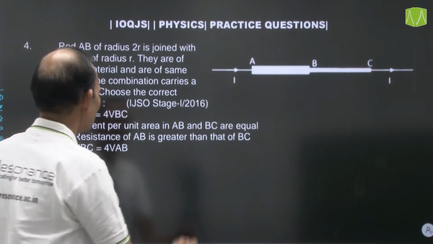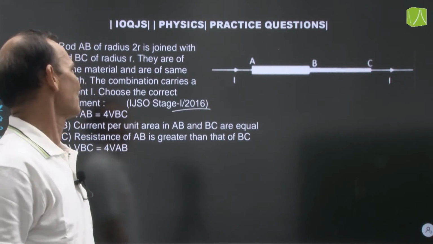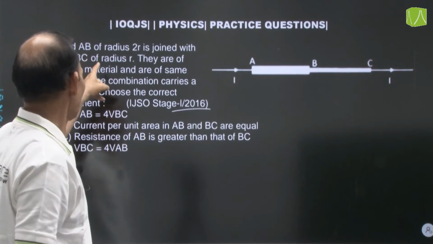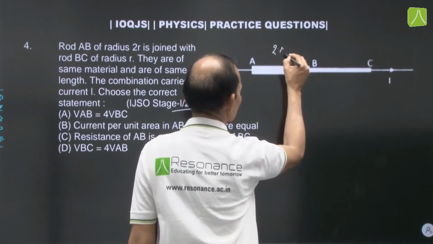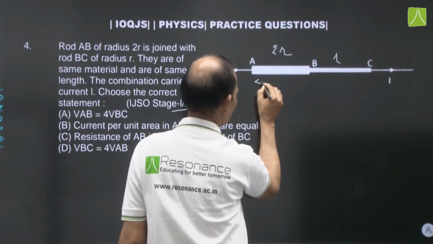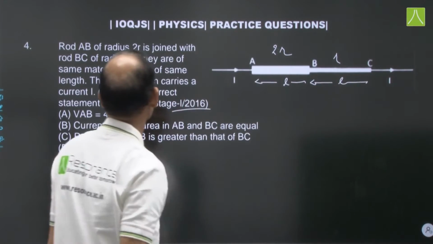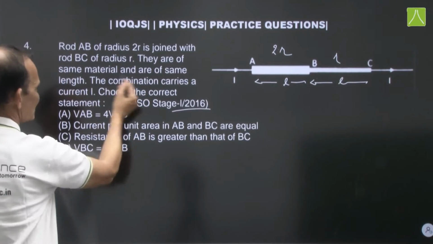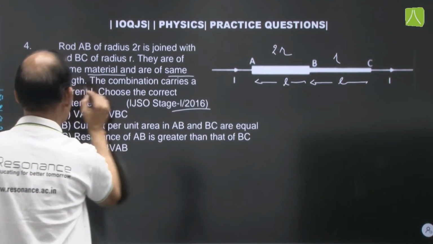It is 2016 IJSO. Rod AB has radius 2r, and this one has radius r, with the same length l. Its length is the same, as given in the question. They are joined in series and are of the same material, which means the same rho.